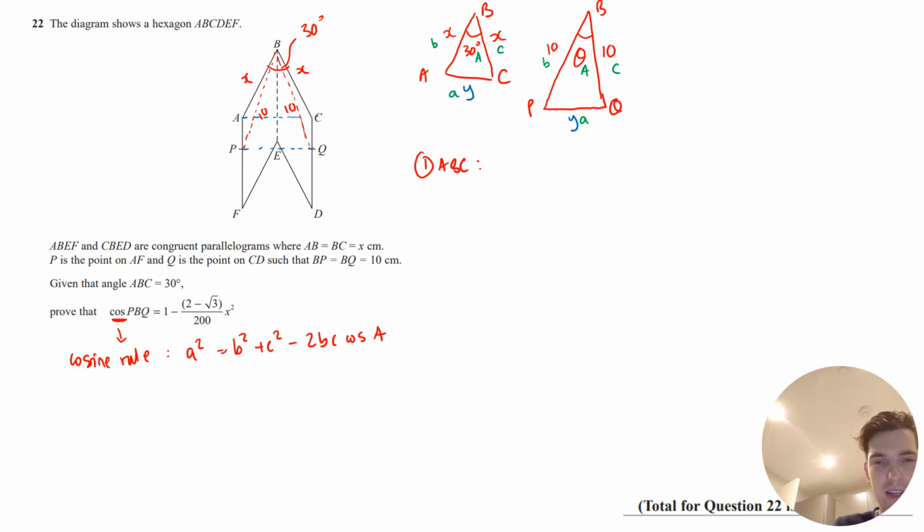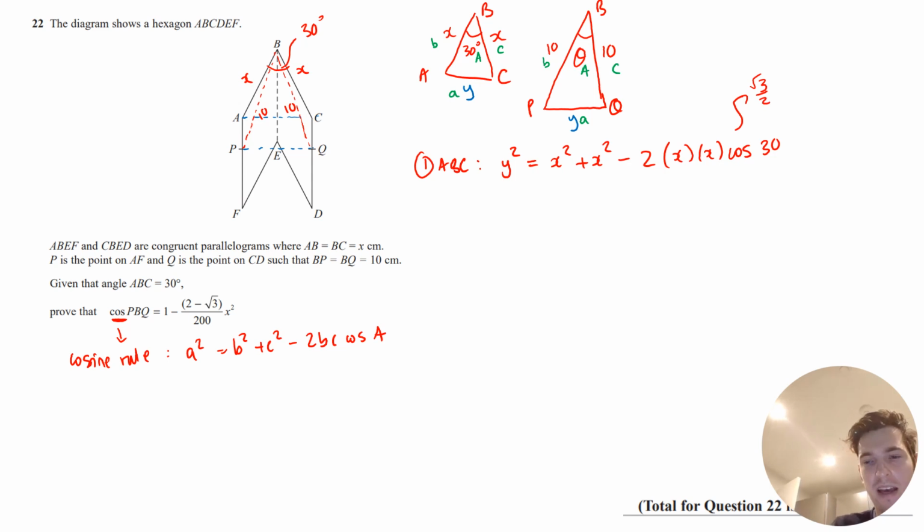So A squared, that's Y squared, equals B squared, so X squared, plus X squared, minus 2X, X, cos A. And I know that A is 30, so I should write cos 30. Let's get rid of that A and write 30. And I know that cos 30 is root 3 over 2.